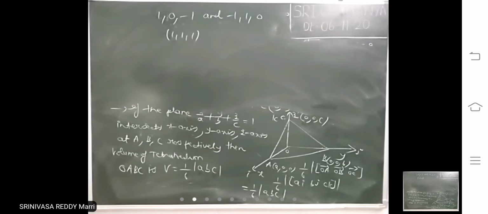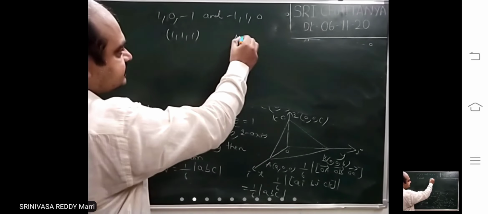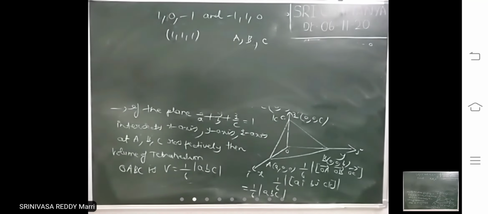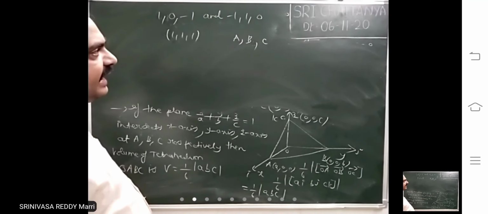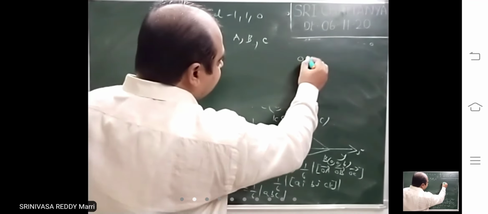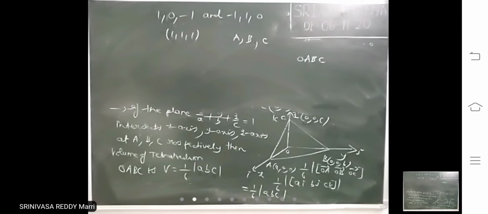If the plane cuts the coordinate axes at A, B, C, find the volume of tetrahedron OABC, where O is the origin.